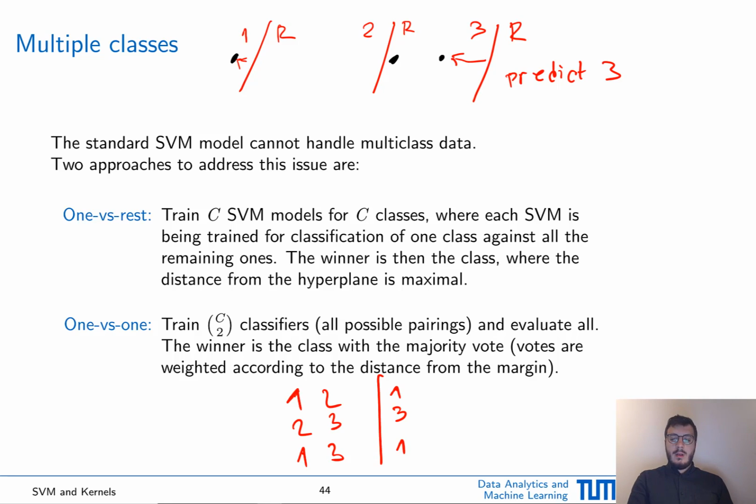Out of these, the majority is 1, so we predict 1. Depending on your setting, one of these might be appropriate. The second approach might not be scalable. If you have a large number of classes, you need to train C choose 2 classifiers, which might be computationally infeasible, while in the first case the number of classifiers only scales linearly with the number of classes.